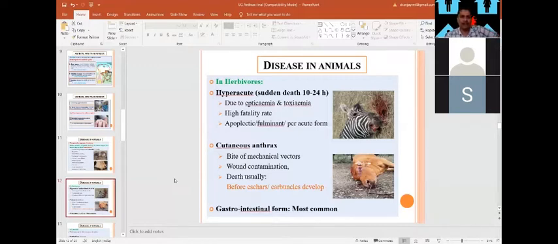Cutaneous anthrax may occur in herbivorous animals by the bite of mechanical vectors or wound contamination, but death usually occurs before discharge or carbuncle development. No cutaneous lesions mainly develop, and the animal dies before the lesions occur. The gastrointestinal forms are more common in herbivorous animals.